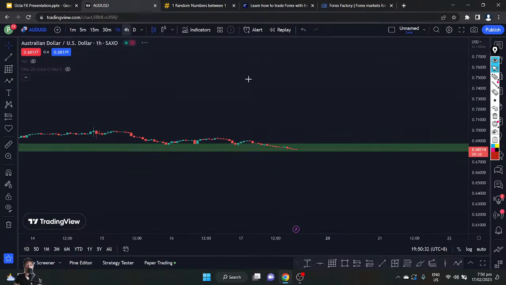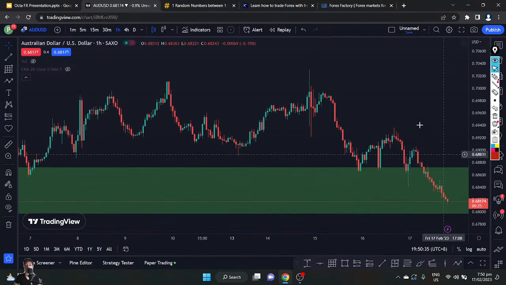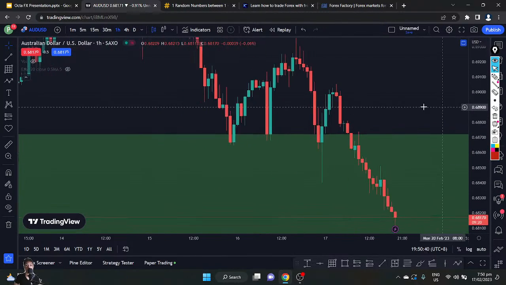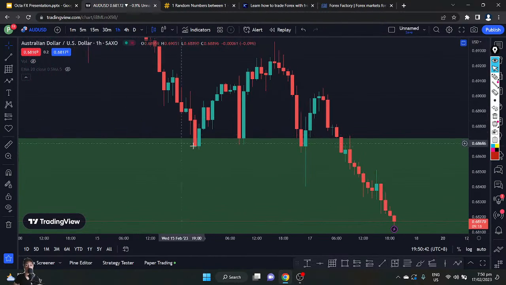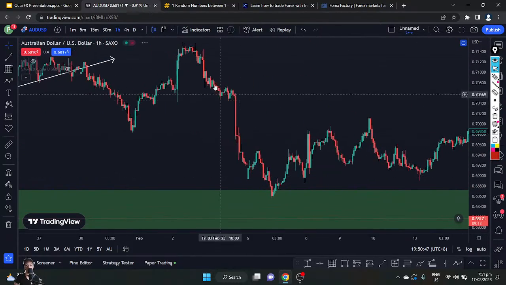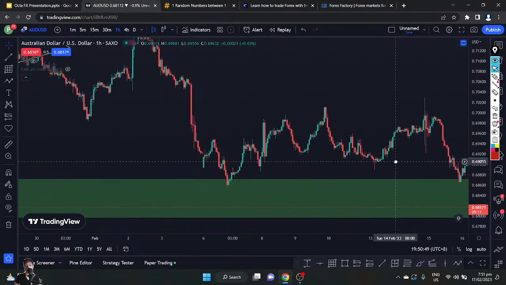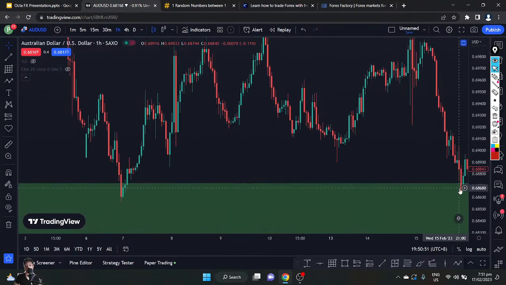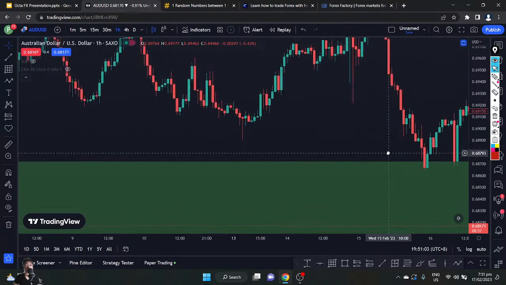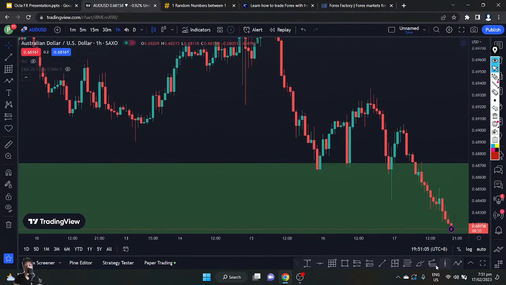So if you are an aggressive trader, then you may instantly look for a trade once you saw that the price is reaching or has reached the support zone. So let's say that we are just right here, the price is pulling back, then you saw that the price reach your support zone right here. Then for the aggressive traders, they will instantly buy once they saw that the price reached the support zone. But for the conservative traders, they will look for more information such as a breakout to the upside.